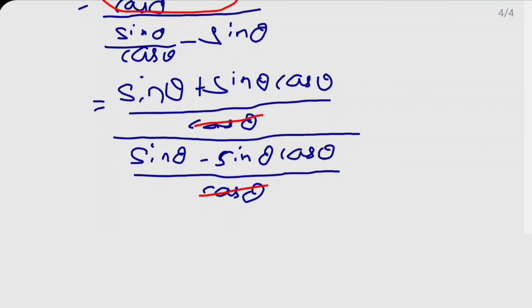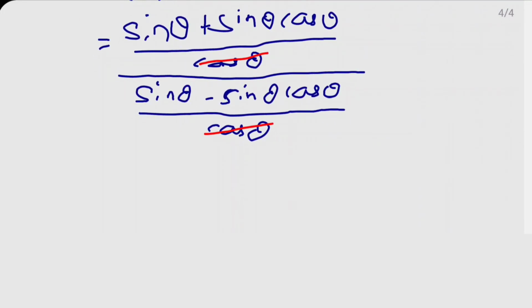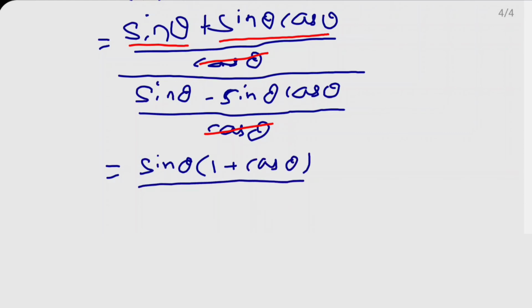So in the next step here is sin theta plus sin theta cos theta. So in these two terms sin is common, so take sin outside, so sin theta in a bracket (1 plus cos theta), and this divided by, here also sin is common, so take outside.